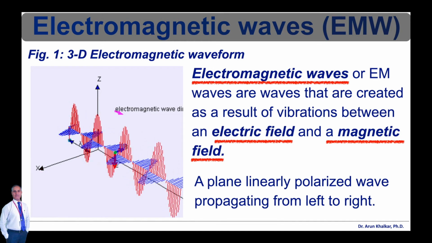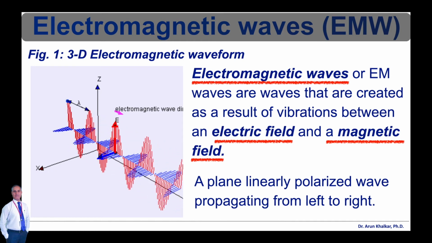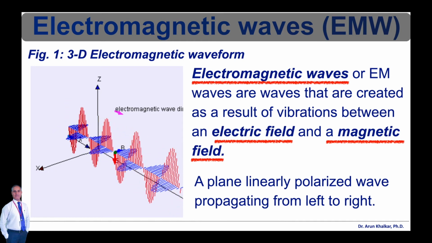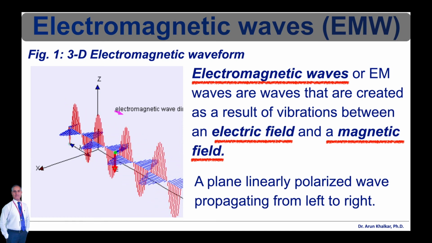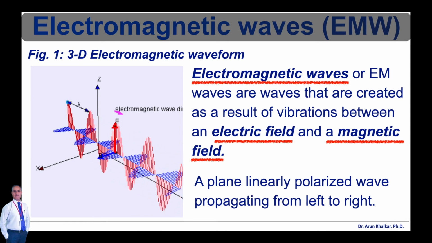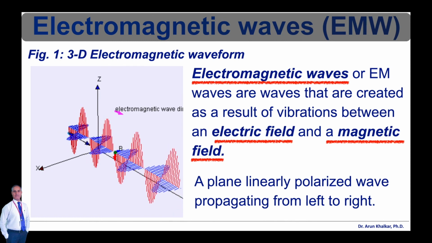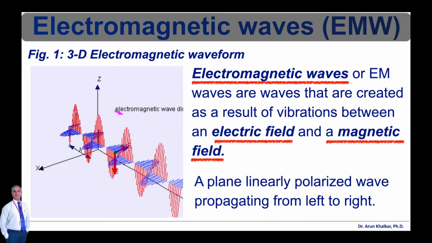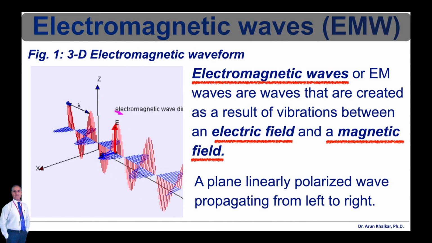The highest point of the wave is known as a crest, whereas the lowest point of the wave is known as a trough. Electromagnetic waves can be split into a range of frequencies. This is known as the electromagnetic spectrum.